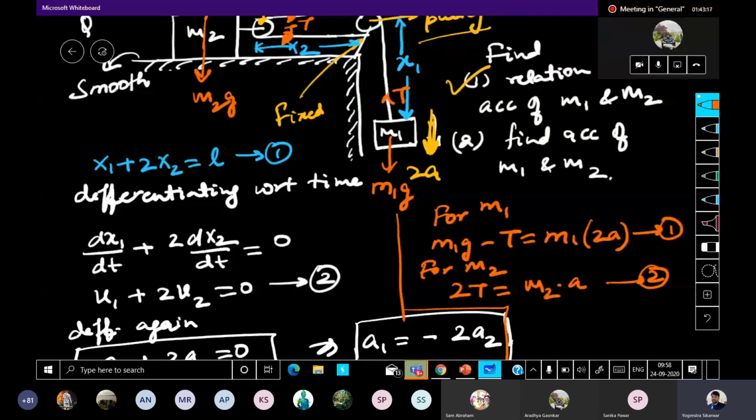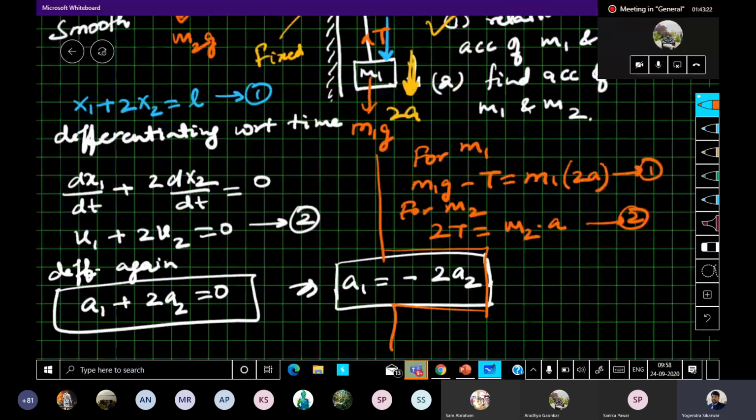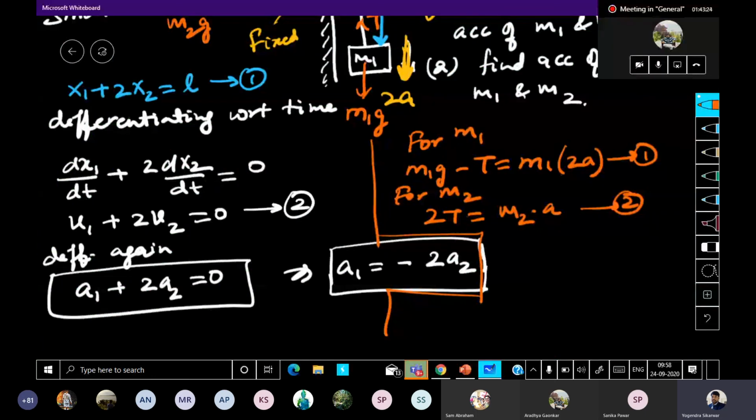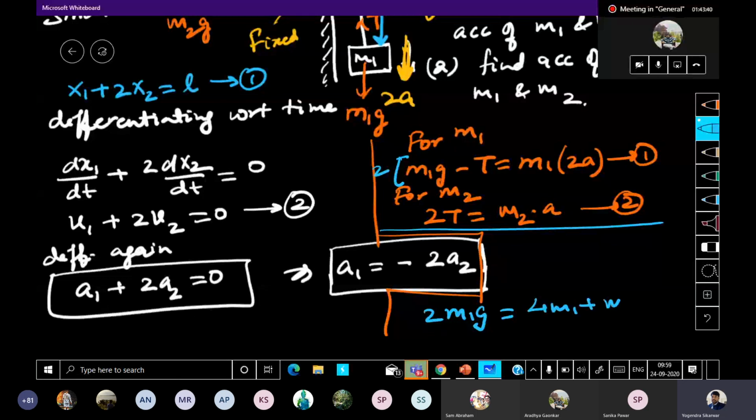A comes out to be, Yash is saying, 2m1g upon 4m1 plus m2. Let me simplify this now. I am multiplying the first equation by 2 and then adding, so 2T will get cancelled. So this will be 2m1g is equal to (4m1 plus m2) into a.